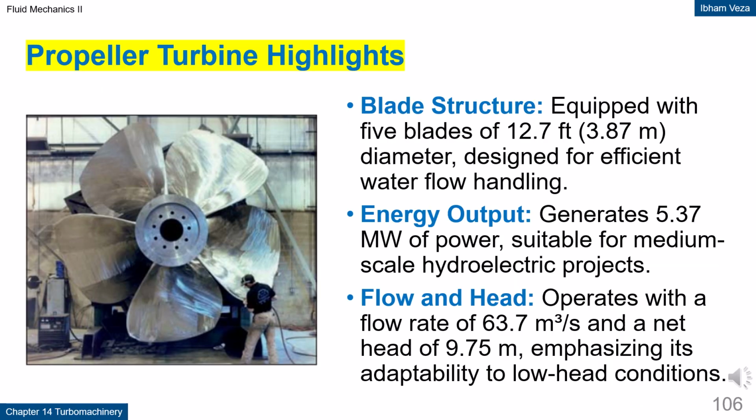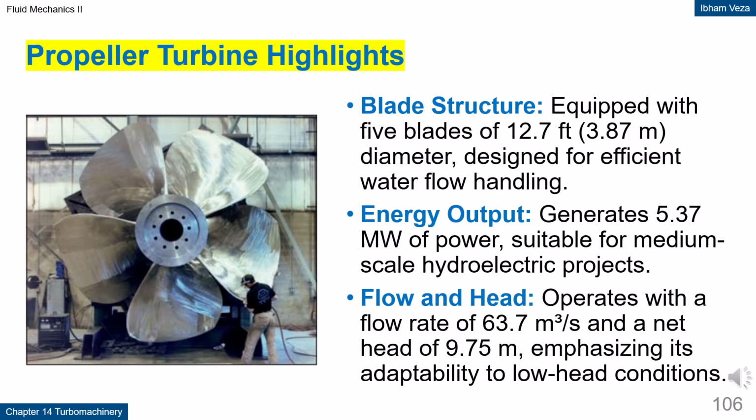Propeller turbine highlights. This propeller turbine is designed for low head and high flow conditions. With fewer blades and a large runner diameter, water can pass through the runner with minimal resistance. The power output is smaller than that of large Francis turbines, but it is well suited for sites with small elevation differences.